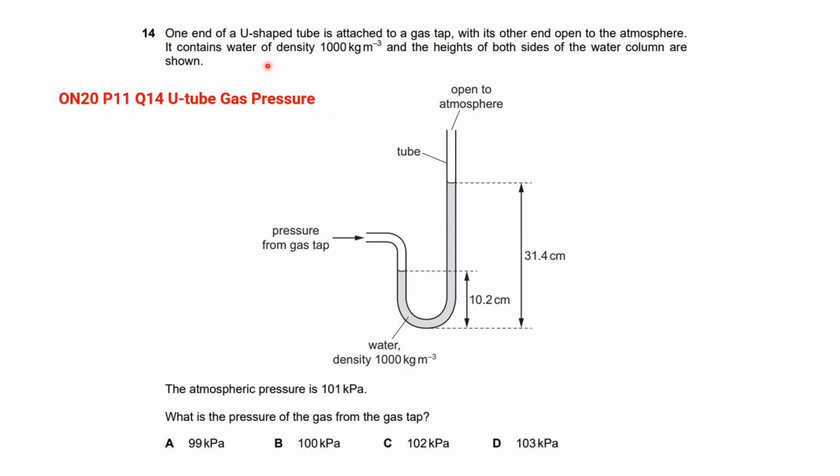It contains water of density 1000 kilograms per cubic meter, and the heights of both sides of the water column are shown. The atmospheric pressure is 101 kilopascal, and what is the pressure of the gas from the gas tap?